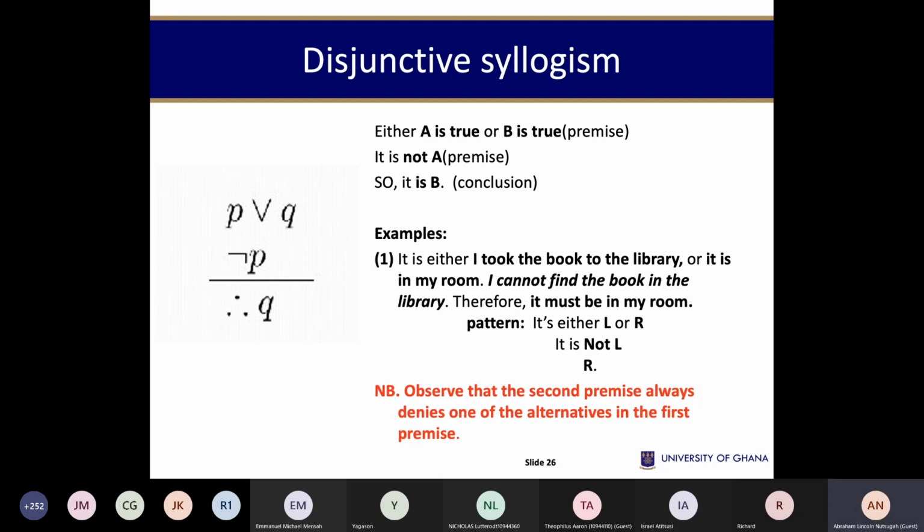It is not A, so it is B. The disjunctive sign is V. So P or Q. It reads "or," "either or." So either P or Q. If you say not P, it means that what? It is Q.